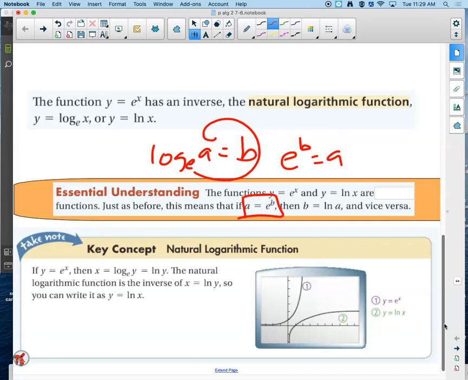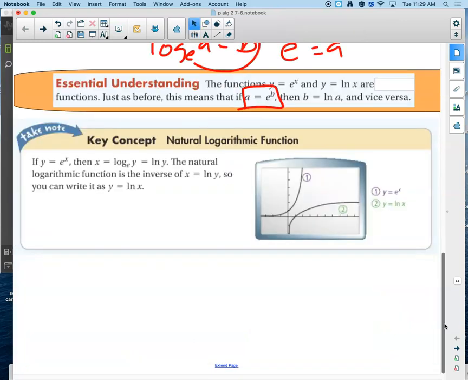So we're taking something in logarithmic form and snail shelling it, because the fancy name for snail shelling is exponentiating. Down here, they show us these are both things we could graph on a graphing calculator. And we'll see, yes, they are reflections in the line y equals x, which is exactly what inverses are supposed to be.